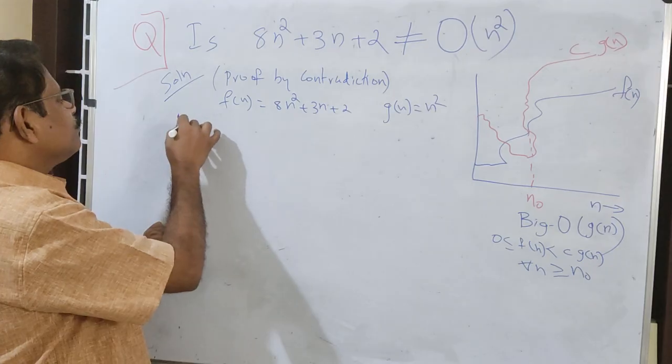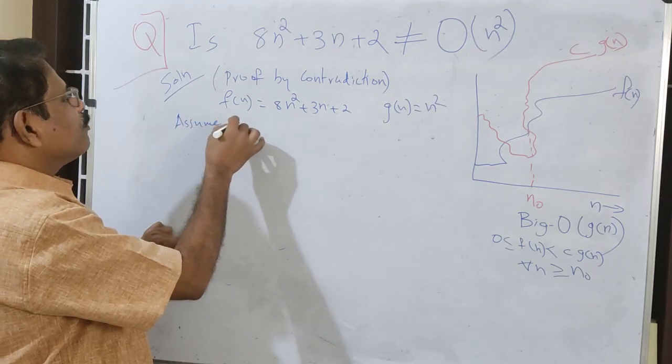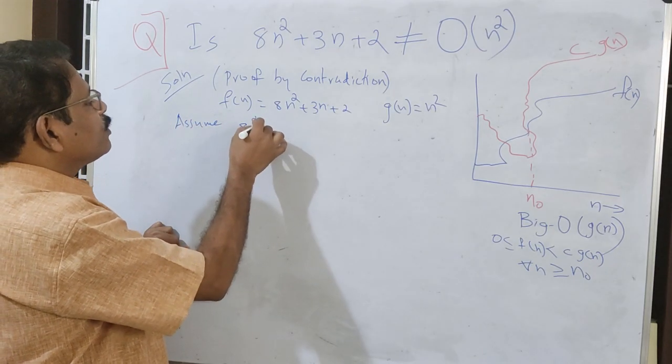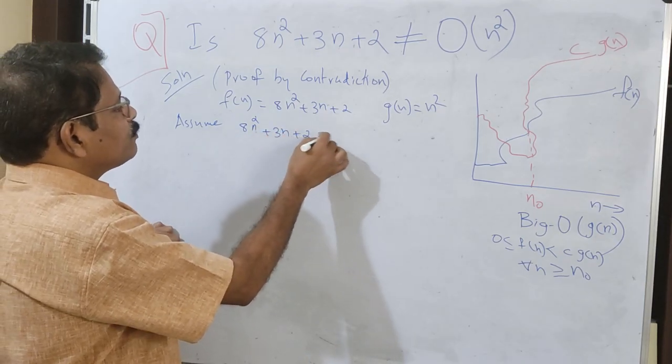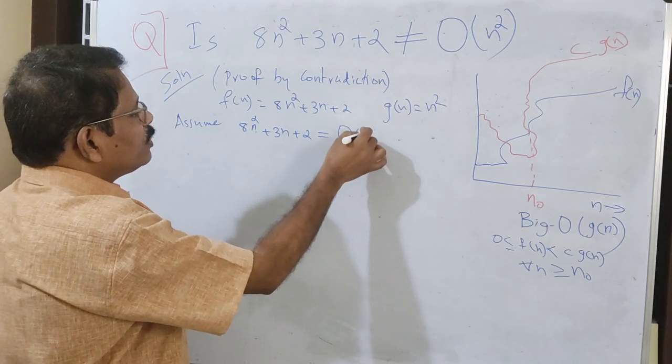And let us assume 8n square plus 3n plus 2 is of order big O n square.